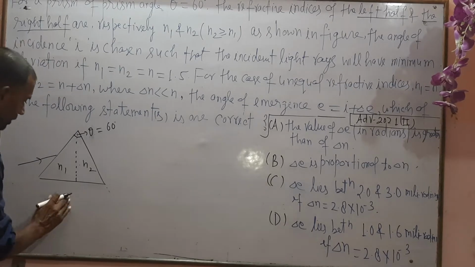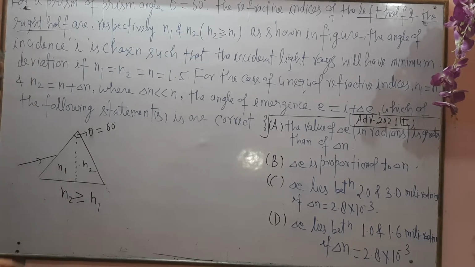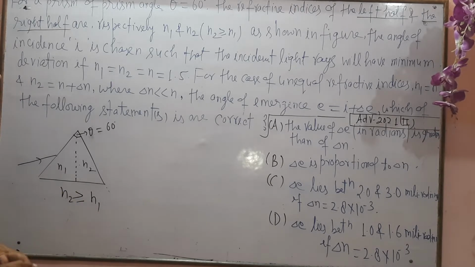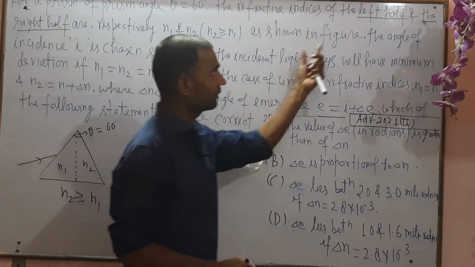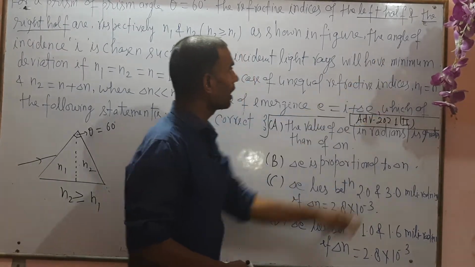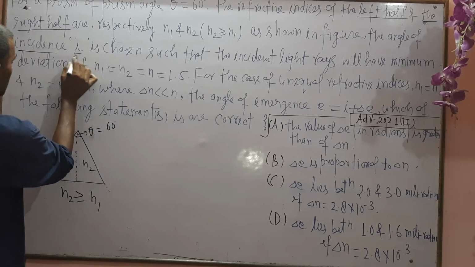The condition n2 greater than or equal to n1 means n2 is either greater than or equal to n1. As shown in the figure, the angle of incidence is i.